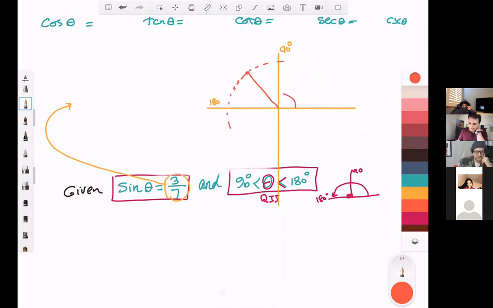This is theta, but we cannot use the Pythagorean theorem or put that theta inside of a right triangle. So what we do is find the reference angle. This is a reference angle, which you will call theta. Good. Now you make a right triangle.